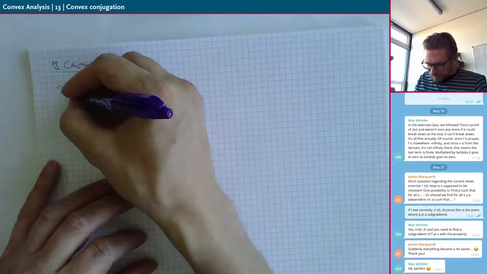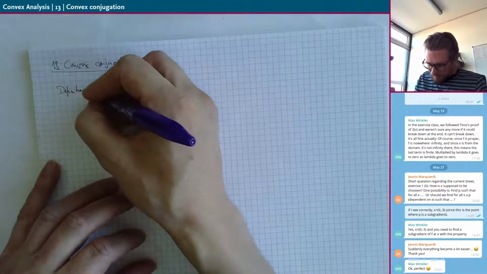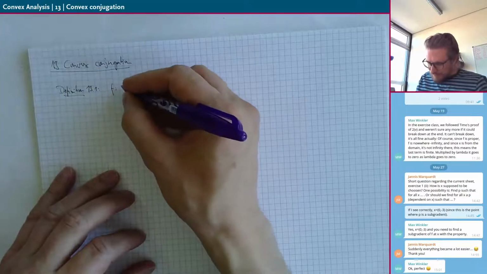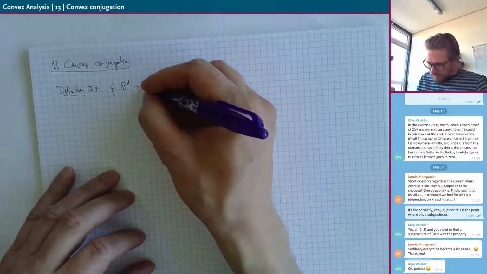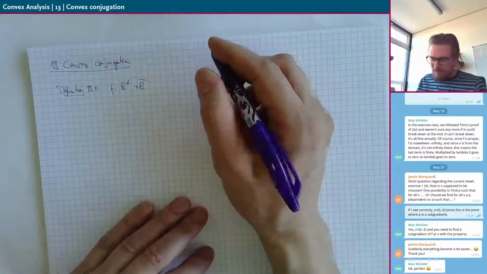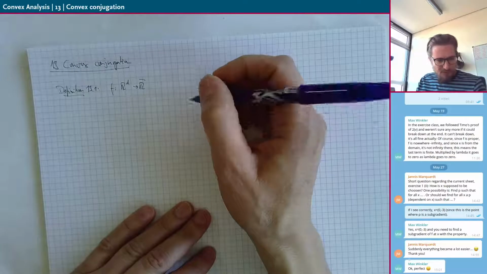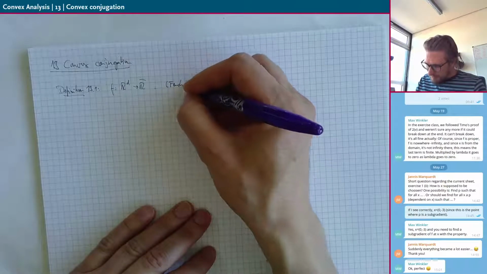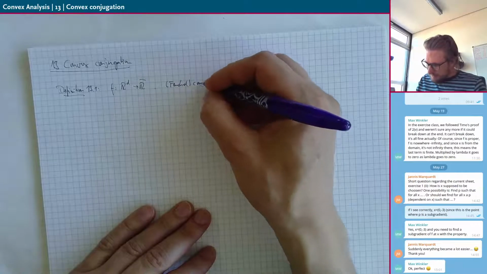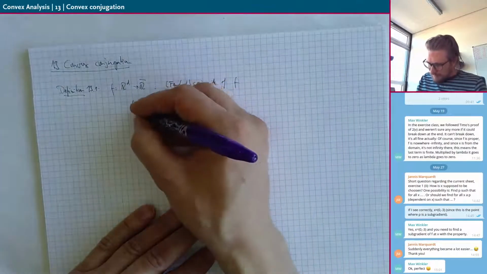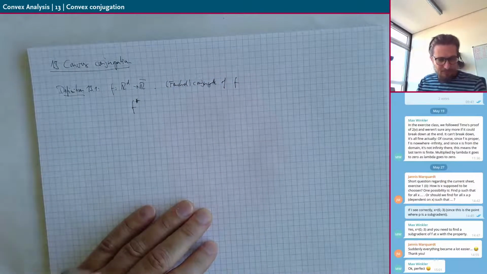Okay, so here's the definition 13.1. If f is a convex function, no, it's actually any function from Rd to the extended real numbers, then the conjugate, sometimes called the Fenchel conjugate, is denoted by f star.